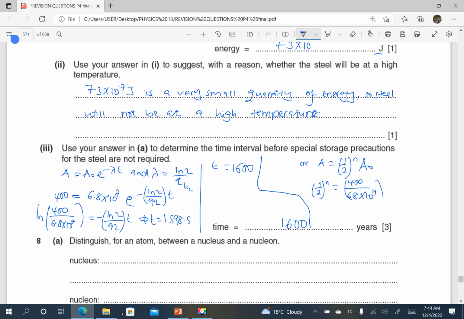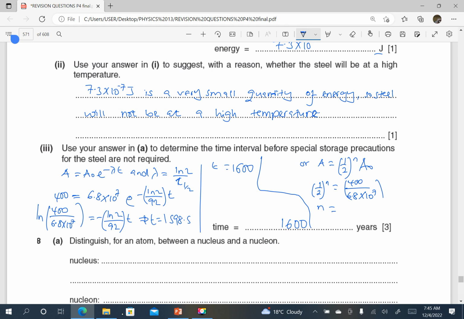So I'm going to introduce ln to find n. That means n is equal to the ln of this value divided by ln of 0.5.